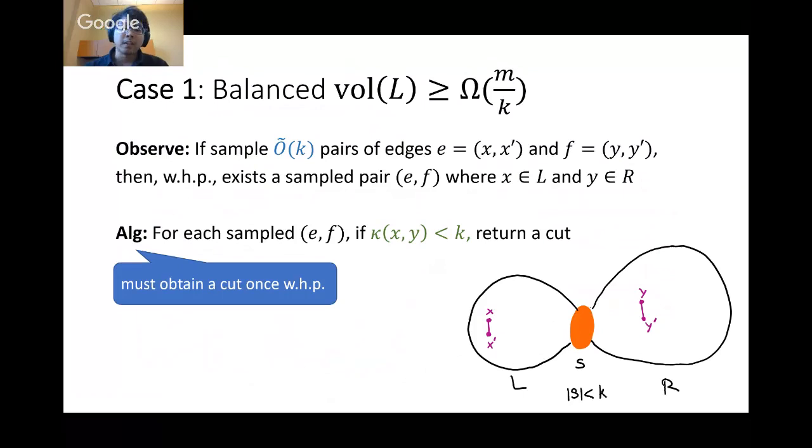And we know that a pair on different sides must exist with high probability. So we will get a cut with high probability. In this case, the running time is simple. It's just K times MK. So this is MK squared time to detect some cut if L and R are quite balanced.